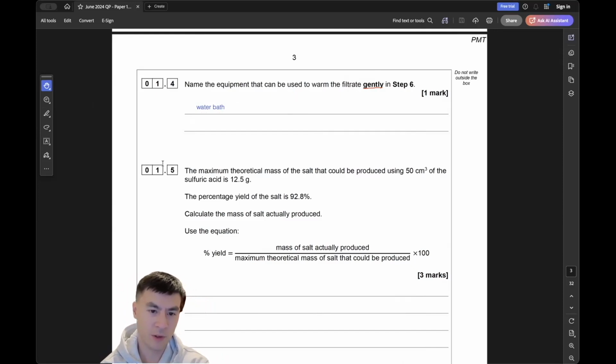centimeter cube of the sulfuric acid is 12.5 grams. Percentage yield 係92.8。Calculate the mass of the salt produced.